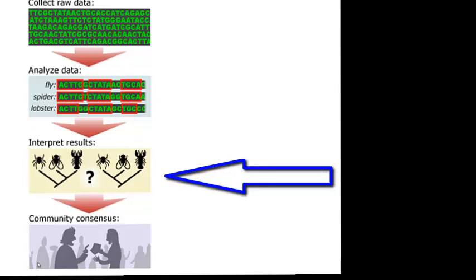Then, based on the analysis, the experimenter can develop their interpretation of whether that data supports or opposes the hypothesis, whether there's a relationship between them or not. Ultimately, the interpretation is shared with other scientists so they can repeat the experiment, compare to similar work or ideas, and then come to a consensus as to whether the interpretation remains supported by the evidence itself. And that, in a nutshell, is how science works.